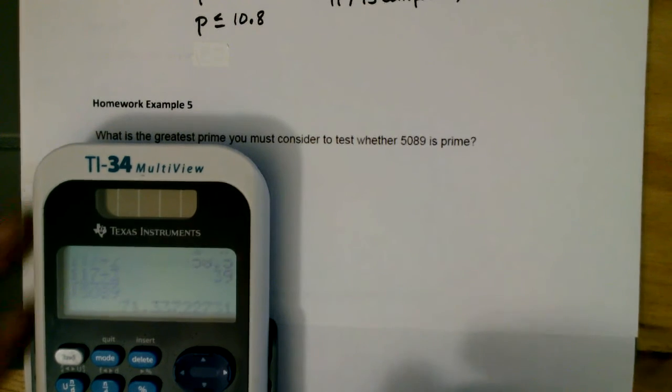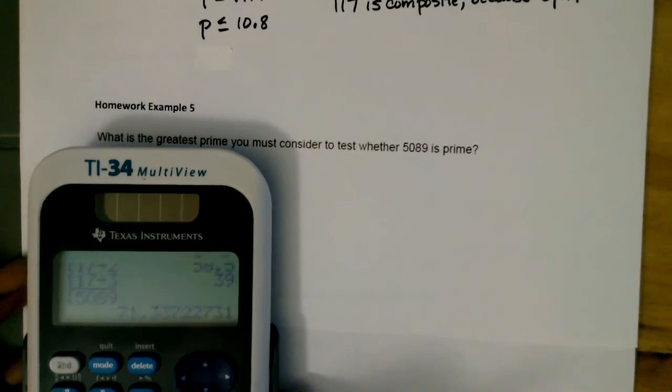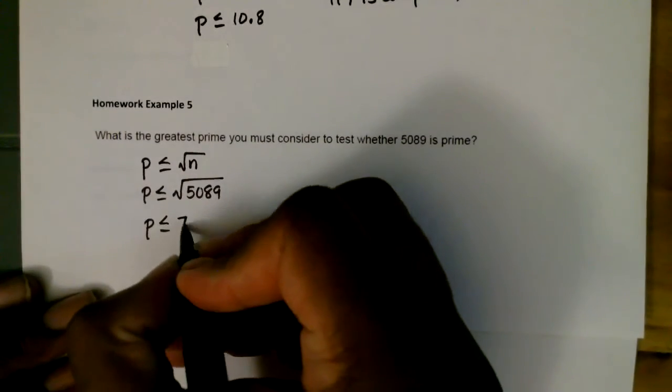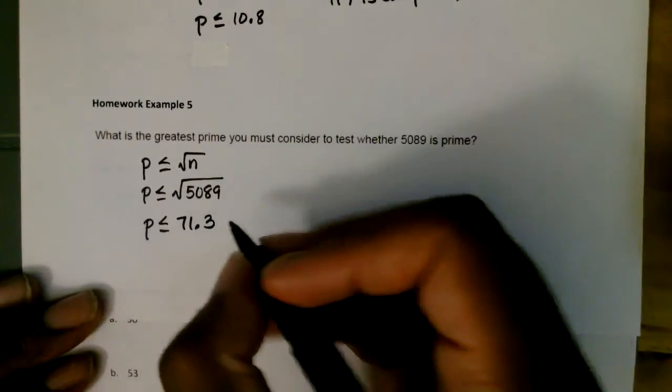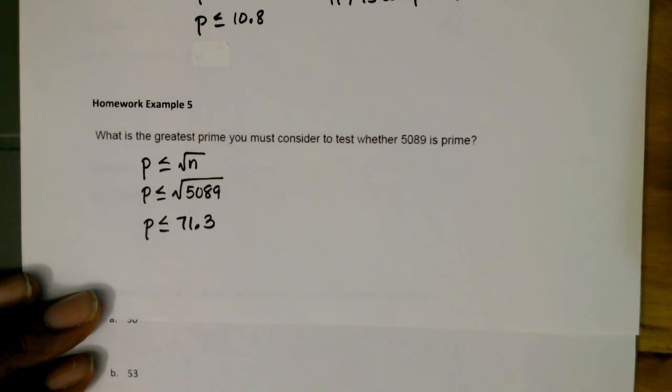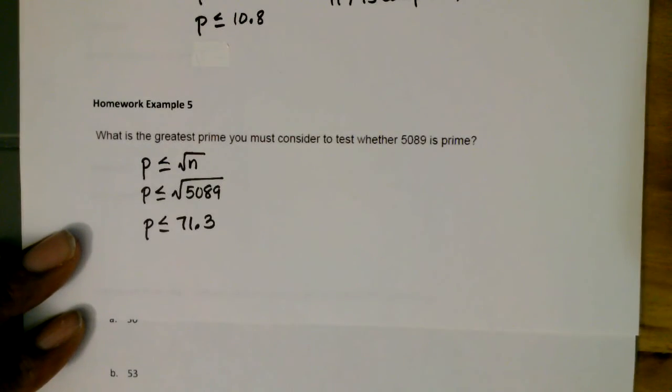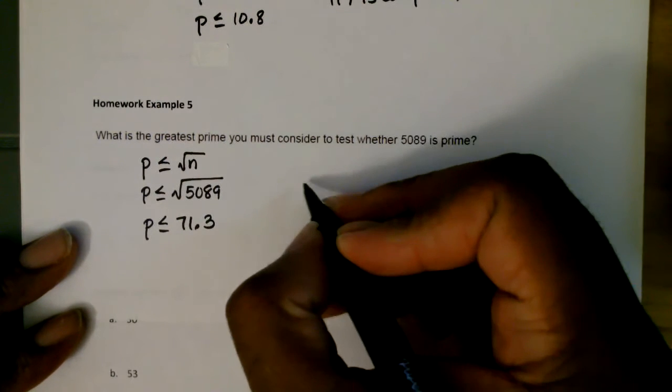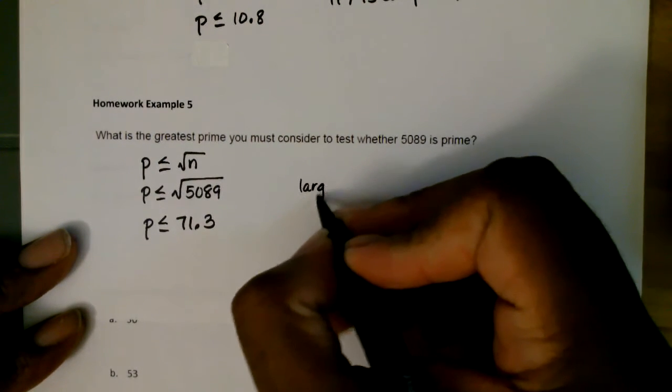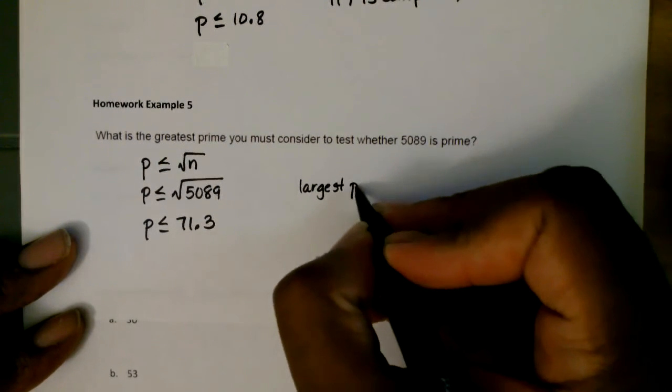If I take the square root of that, I get 71.333. So the largest prime that I need to consider will have to be based on this 71. The prime has to be less than 71.3, so the largest prime is 71.